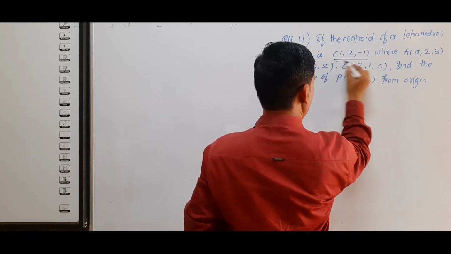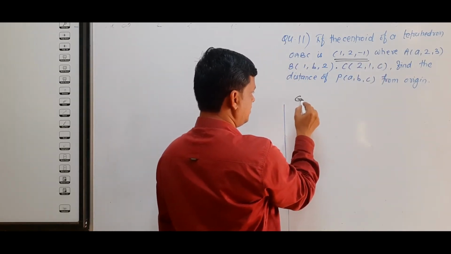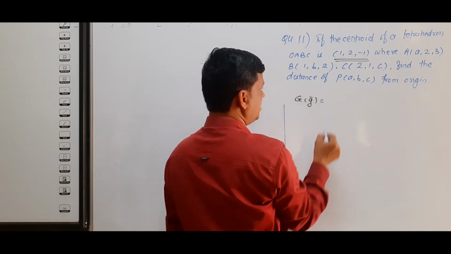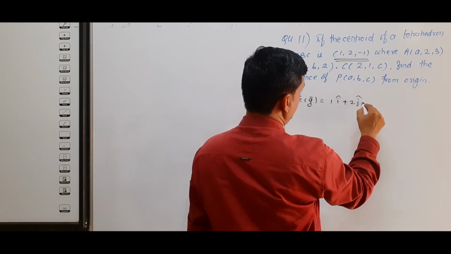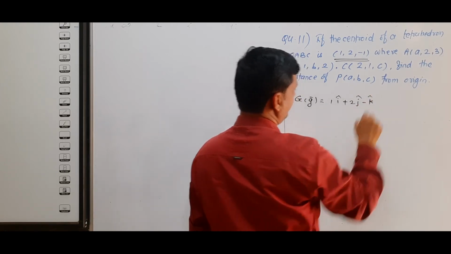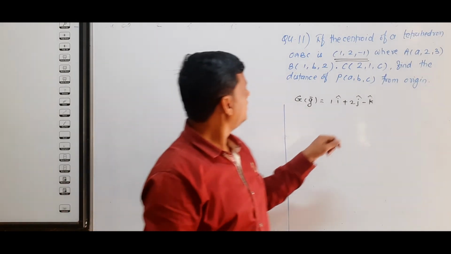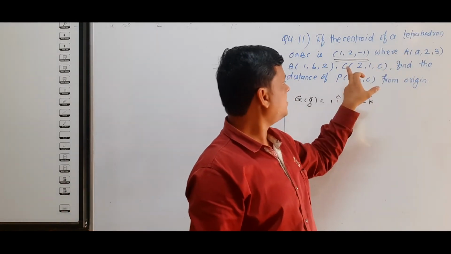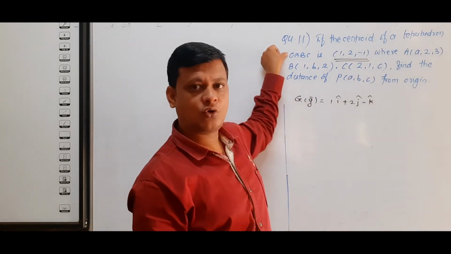So this is the centroid, so we consider G bar, which is equal to 1I plus 2J minus K. So this is the position vector of the centroid. A, B, C are the vertices and one vertex is the origin.